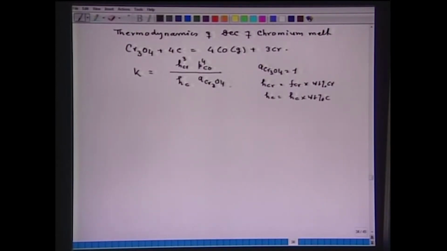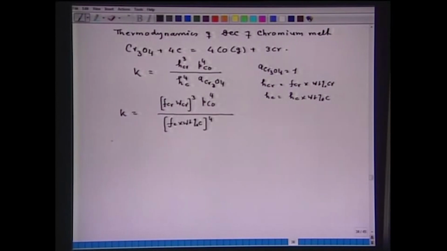So, if we replace h_C, h_Cr and activity of Cr3O4 by these, we get K equal to f_Cr weight percent chromium cubed, P_CO to the power 4, upon f_C into weight percent carbon to the power 4, with activity of Cr3O4 equal to 1.